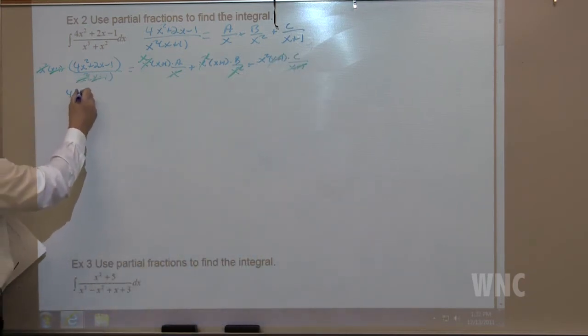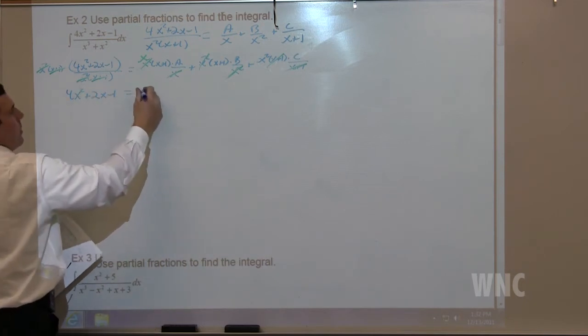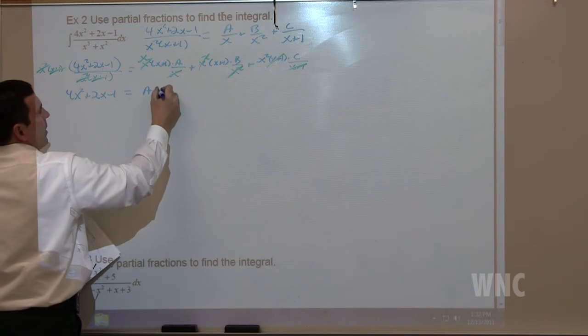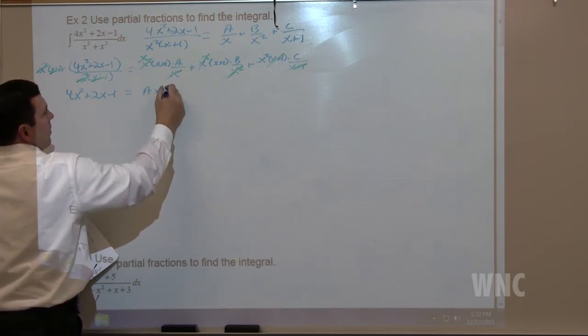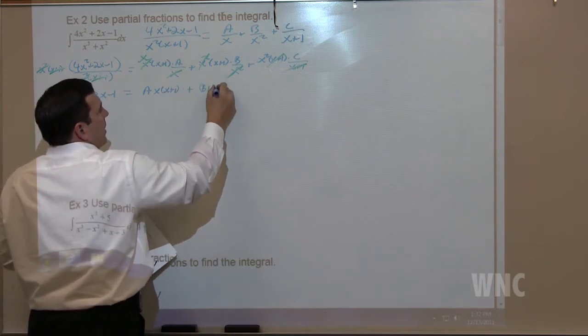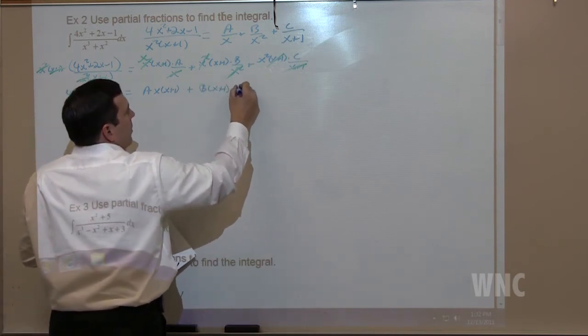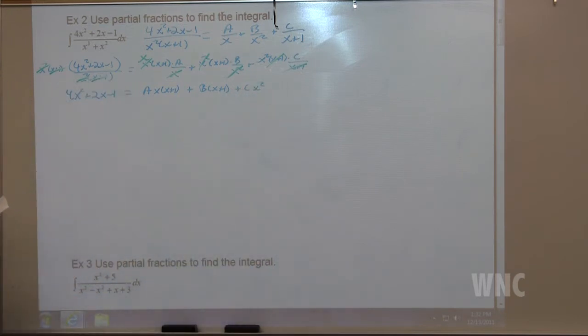We have 4x squared plus 2x minus 1 equals A times x times (x plus 1), plus B times (x plus 1), plus Cx squared. Okay.